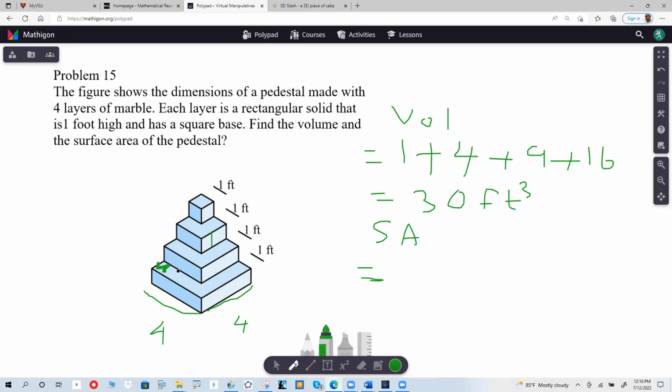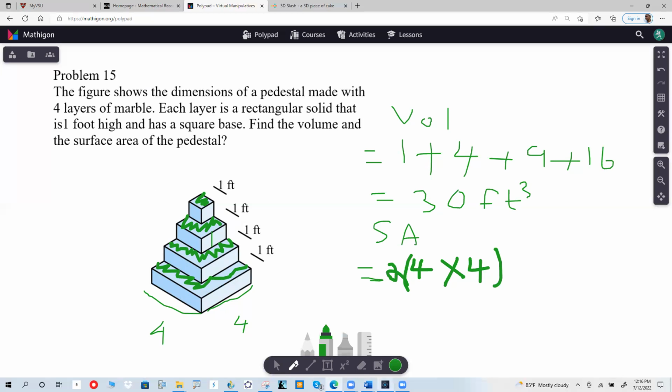If you're viewing it from the top, it's like a cake and you're looking at the top of the cake. All of these can be squished into another 4 by 4. And we're going to write here 4 by 4 square times 2. Why 2? The top green and the bottom.